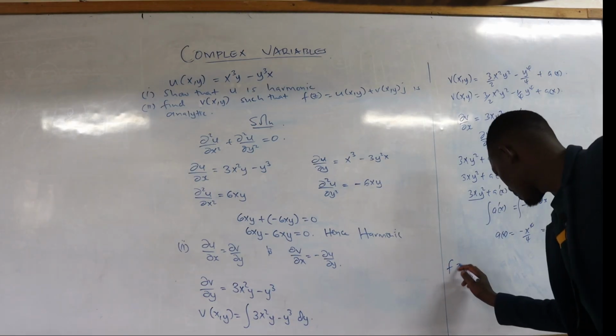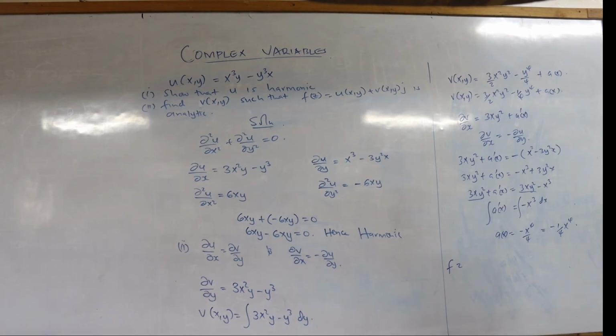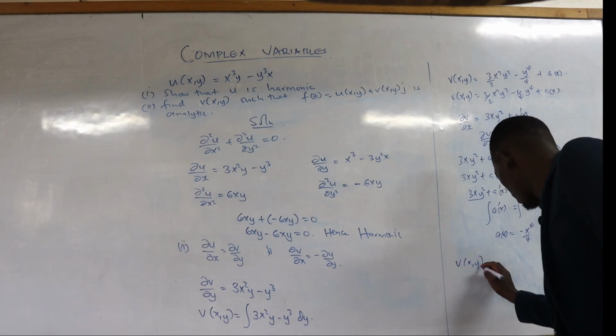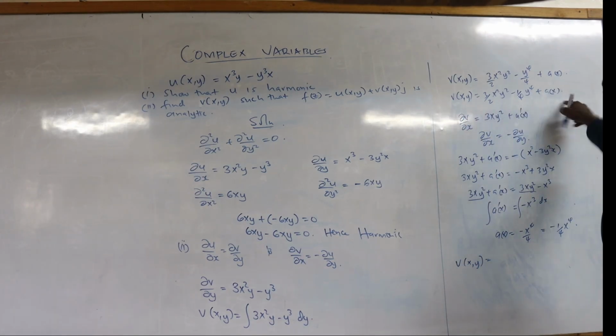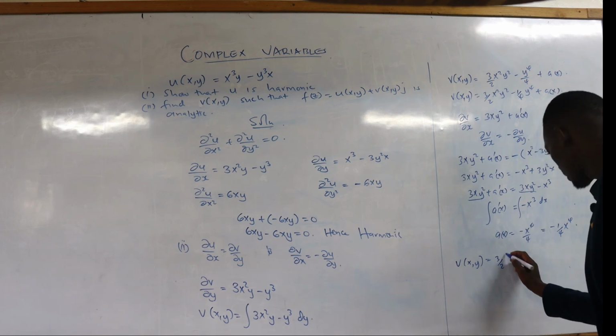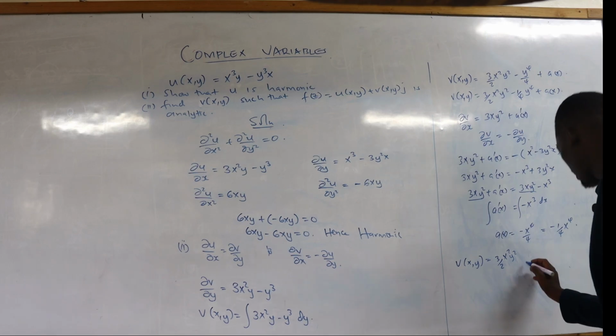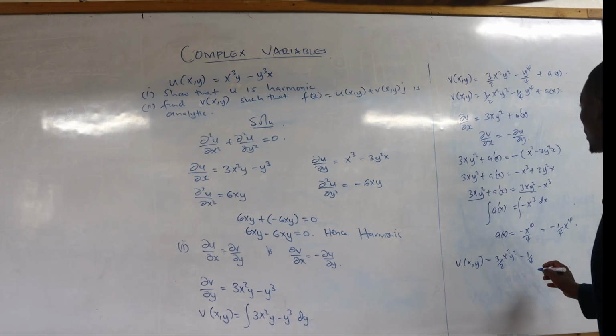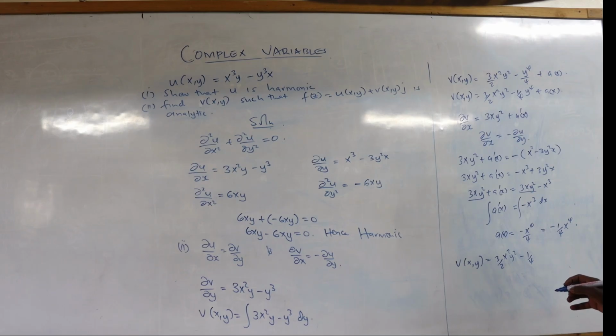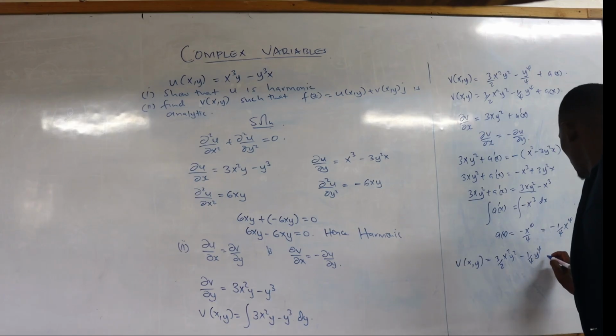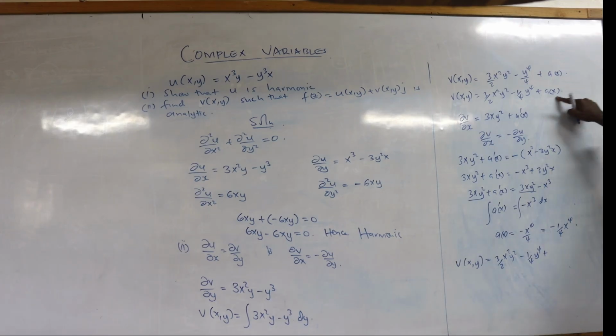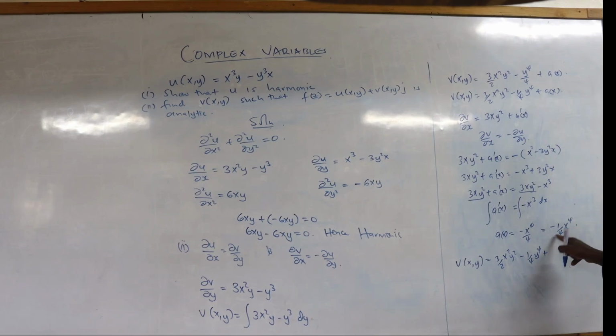So f of z in that case, let me start with v(x,y). So what was your v? This function: 3 over 2 x squared y squared, then minus 1 over 4 y to the power 4, then plus, remember we now have our constant here, and our constant will be given by negative 1 over 4 x to the power 4.